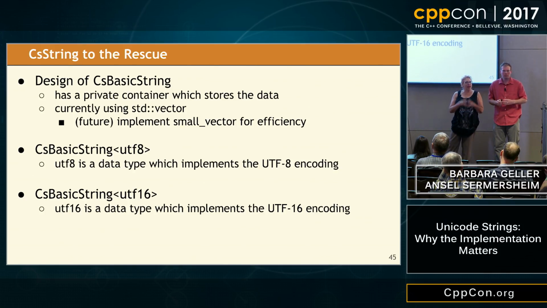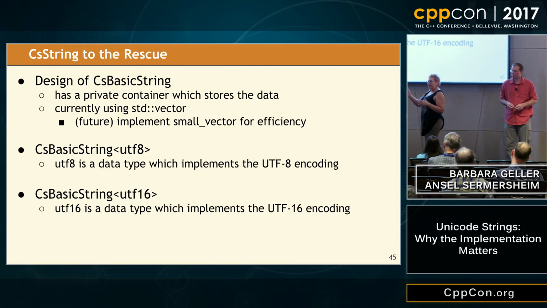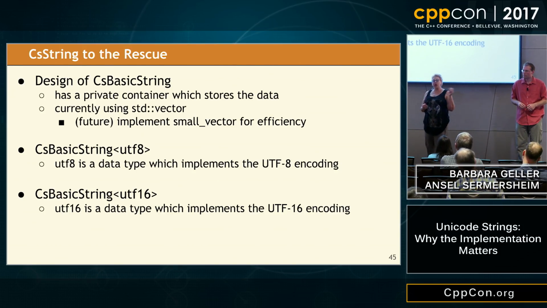Everything in CsBasicString calls the encoding, so nothing needs to change in the basic string class. It does everything you would want it to do. We have also started to add find_fast, and we are adding that in various places to do things that return an iterator, not an index.